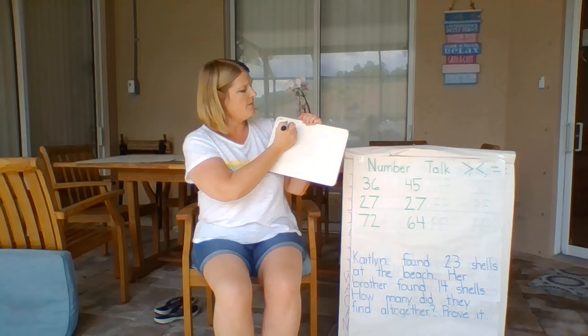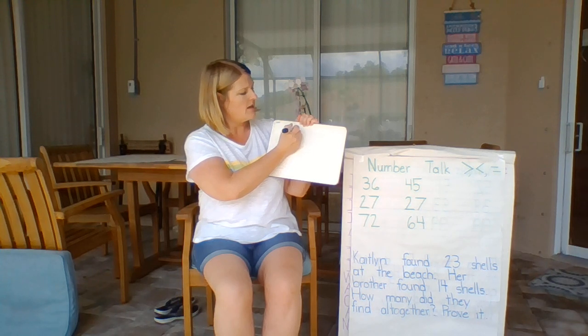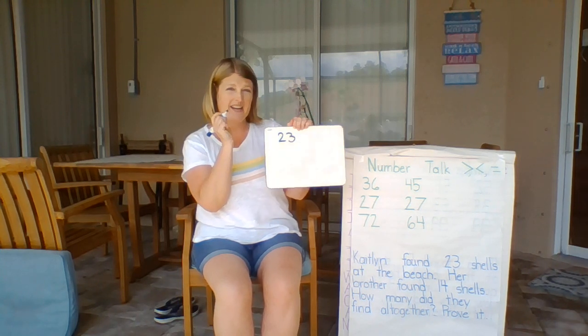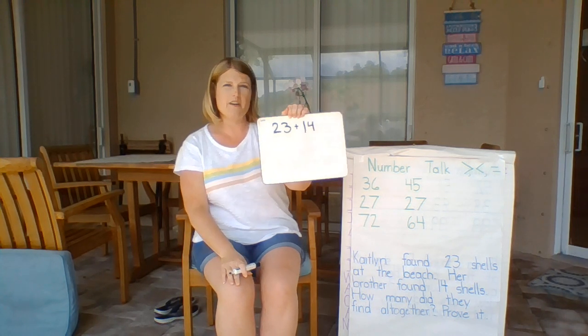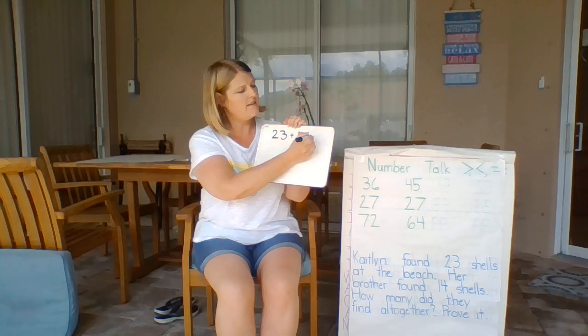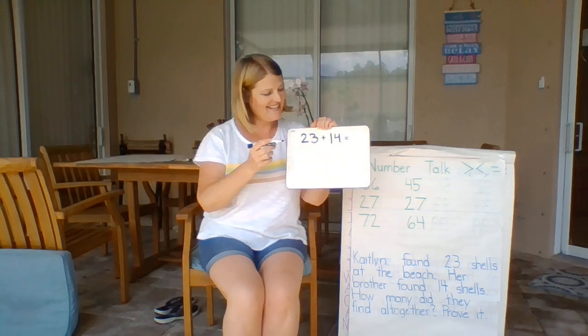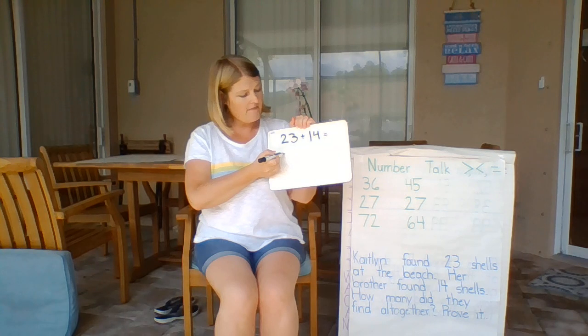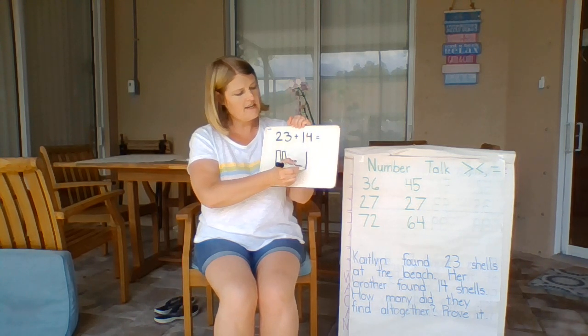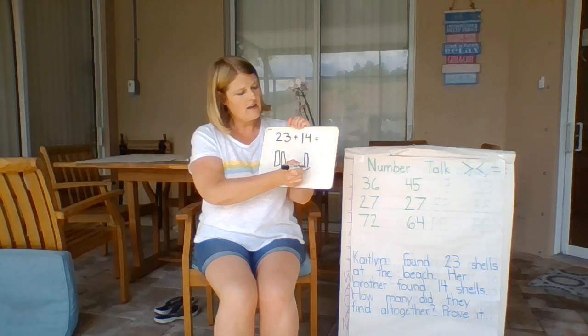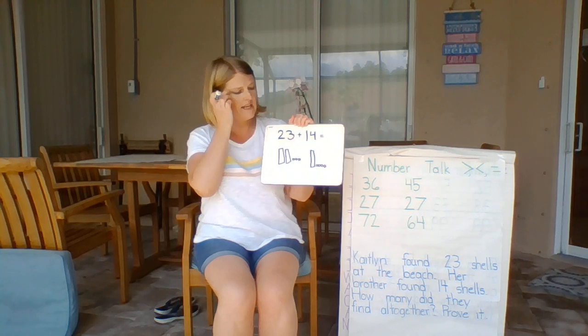So I had a number of people write the equation, 23 shells for Caitlin, plus 14 shells for her brother. And they did tell me what it equals. I'm not going to say it yet. The first thing I saw a lot of were drawing 23, 10, 20, 21, 22, 23, and drawing 14, 10, 11, 12, 13, 14.